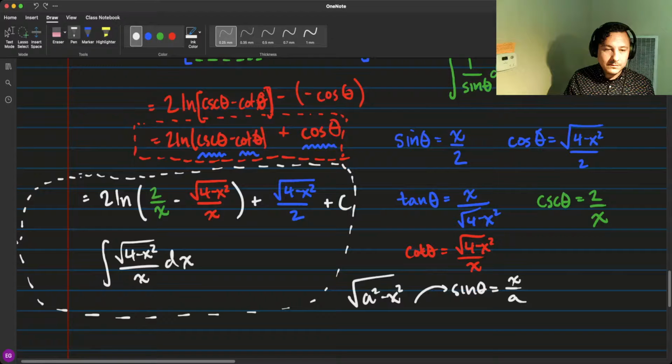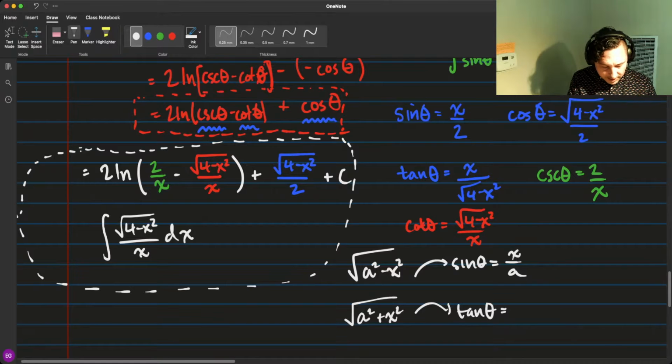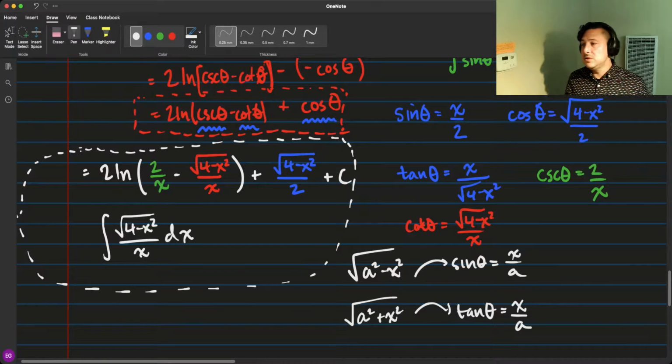Okay, the other common thing that you encounter is this, and that usually involves tangent. If you draw everything, you'd see that you're going to get tangent equals x over a. And then what do you have to do? You just draw the triangle.